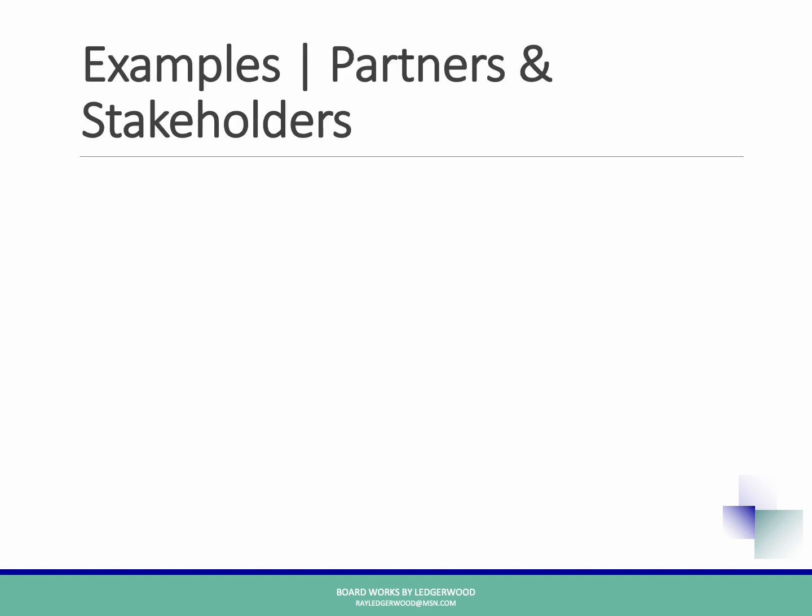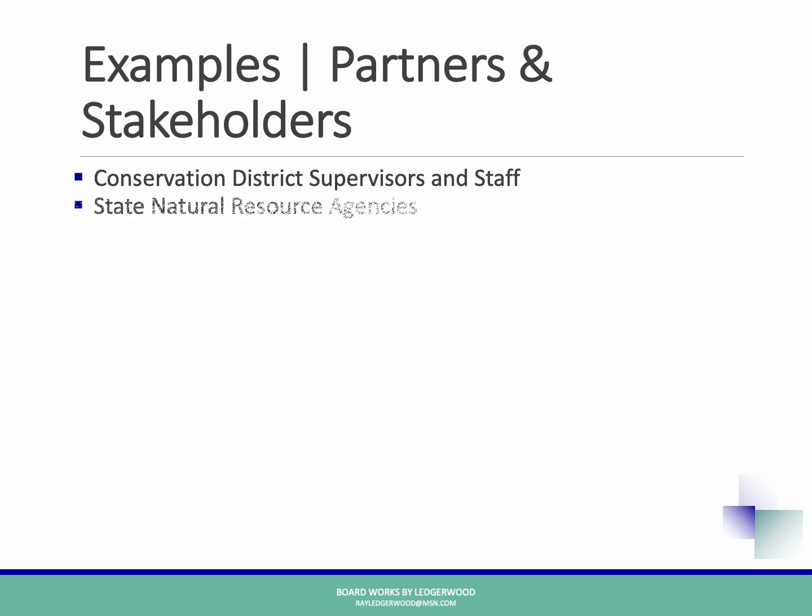If you needed a jump start regarding some examples of partners and stakeholders that we've seen in local work groups across the nation, certainly we would start with the conservation district supervisors and their staff, and again, for all the reasons we mentioned before, to host and to chair local work group sessions.